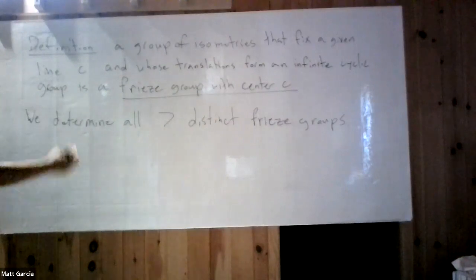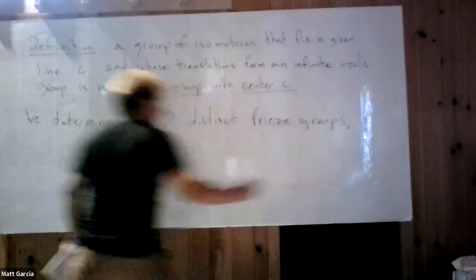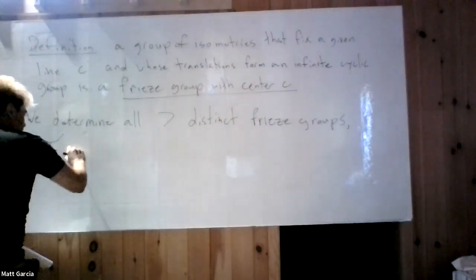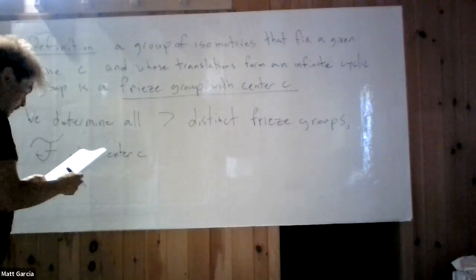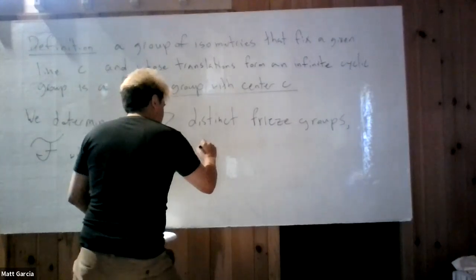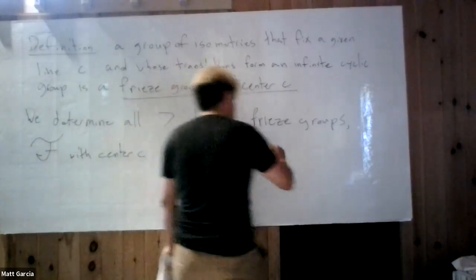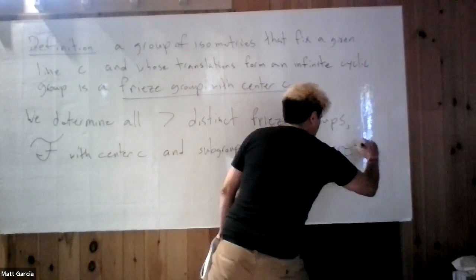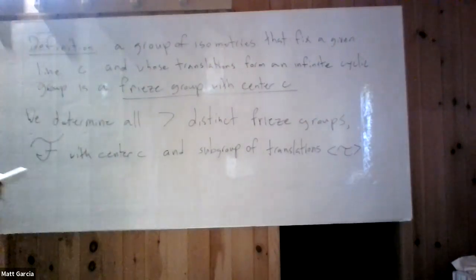Just a piece of notation here. We'll denote a freeze group by this script F with center C and subgroup of translations the infinite cyclic group generated by tau, some translation.